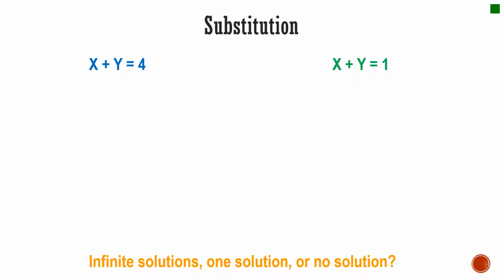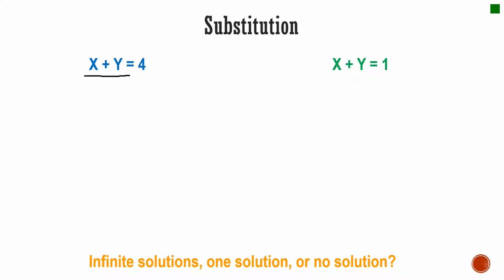Okay, for this one, we want to make one of these equations easy to substitute. So both of them look very similar. If you look, I have x plus y equals 4, and then x plus y equals 1. Something should look a little interesting to you here.